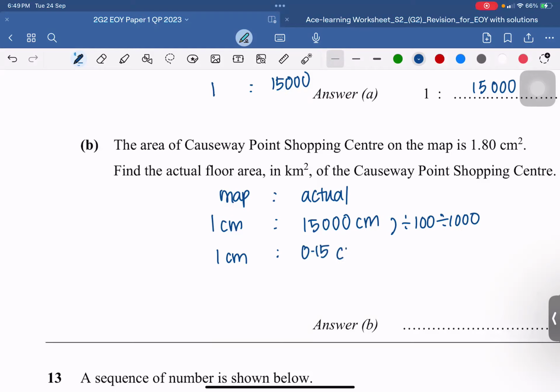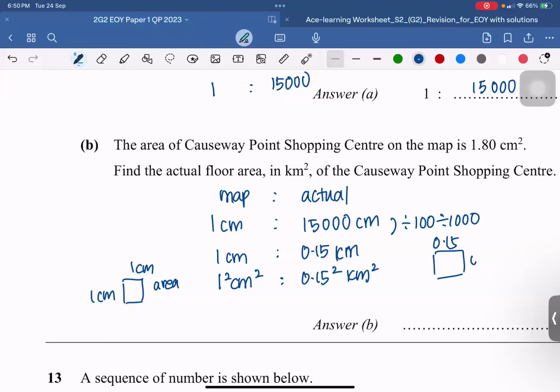Is it correct? Okay. Now how to find area? Square. 1 cm square. 0.15 need to square, kilometer square. What is 0.15 times 0.15? 0.0225 kilometers square.